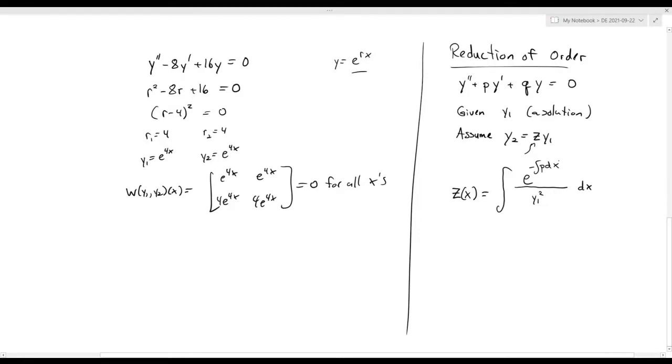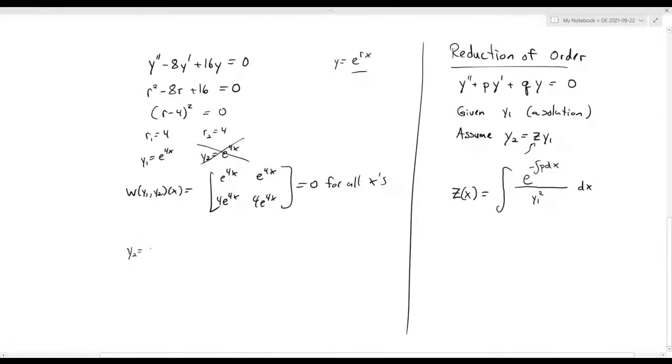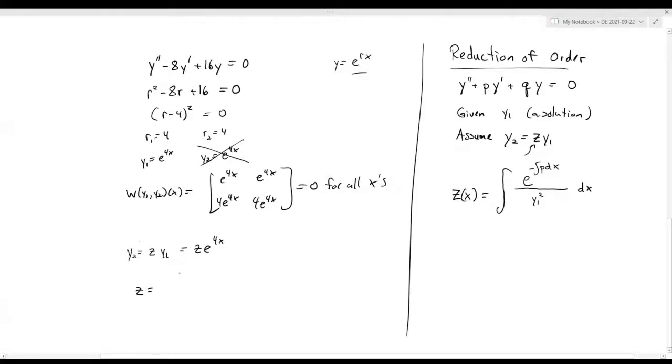Okay. So that's the reduction of order formula. Once we know z, then of course we know y2. Okay. So to use this very quickly, let's assume that y2 would look like some function times the first solution, right? And apparently the formula for this function that multiplies y1 is like so.